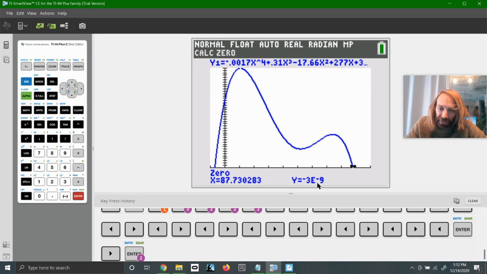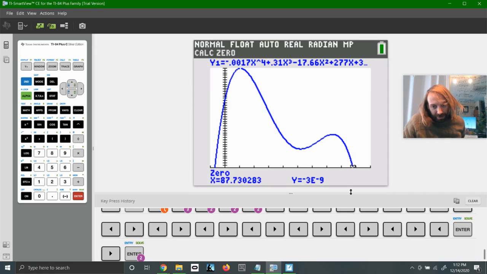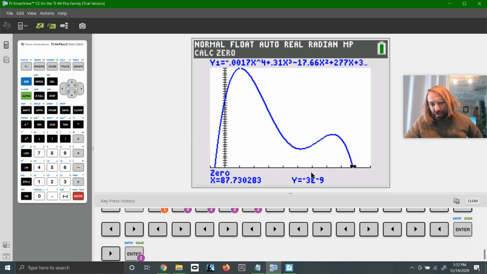And so the e is just there to tell you the exponent is -9. It's just the shortcut way that the calculator tells you it's scientific notation. So if you see these kinds of things, it's really, really close. I mean, that's a lot of zeros in front of this number.